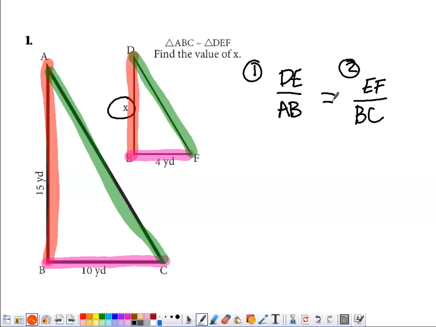Fill in the numbers for those line sides. Plug in your numbers. Your proportion.